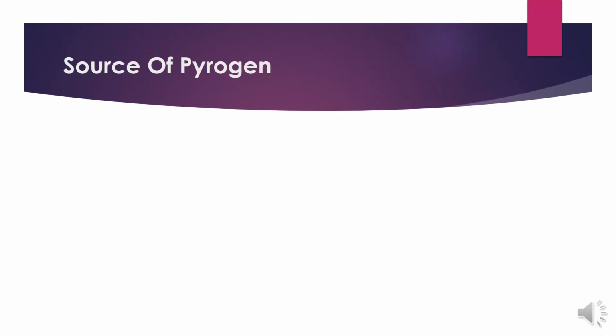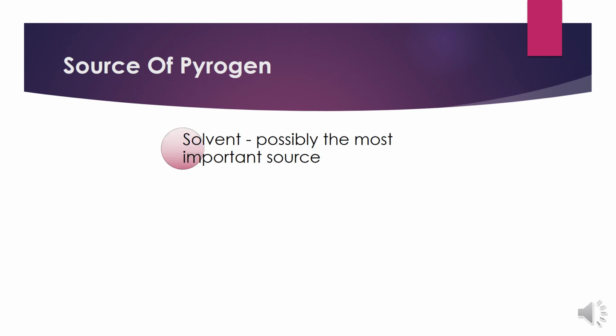Sources of the pyrogen. The possible things through which they can enter into the preparation include the solvent, the most important source.